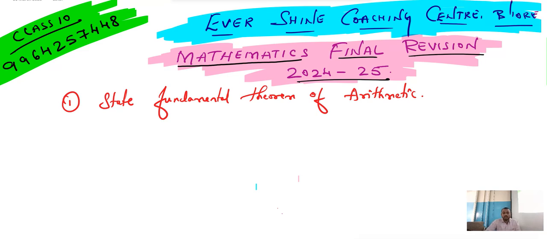Take down the answer. Every composite number can be expressed as a product of primes, and this factorization is unique, apart from the order in which the prime factors occur.